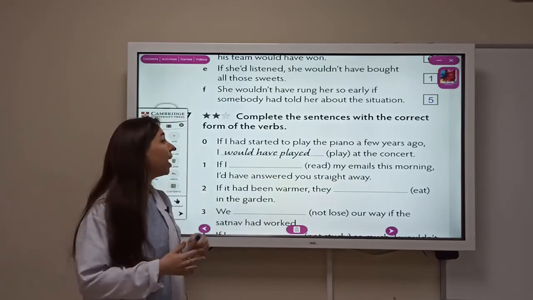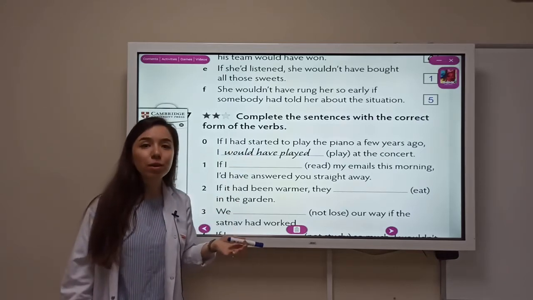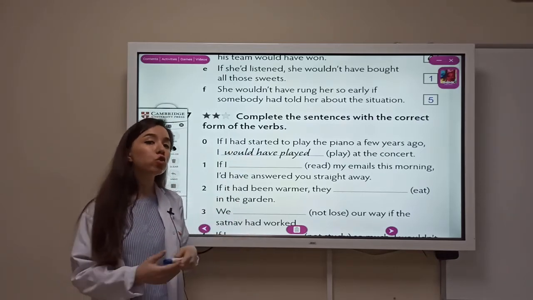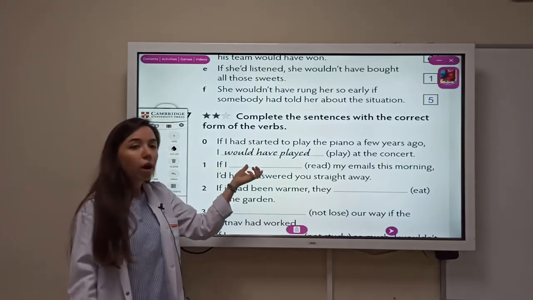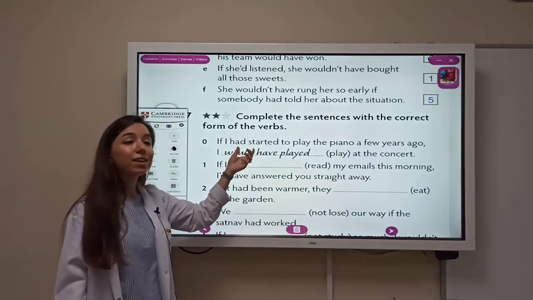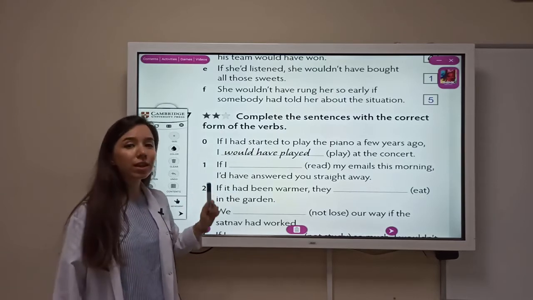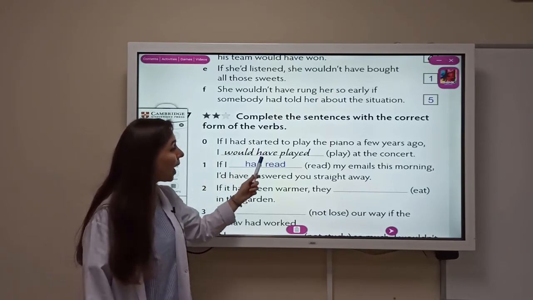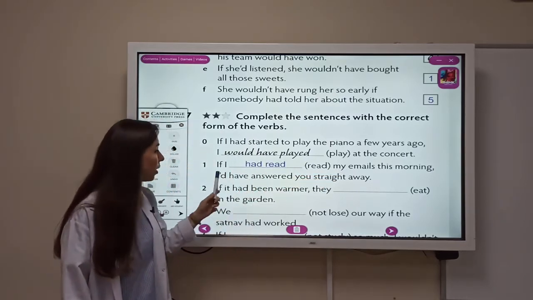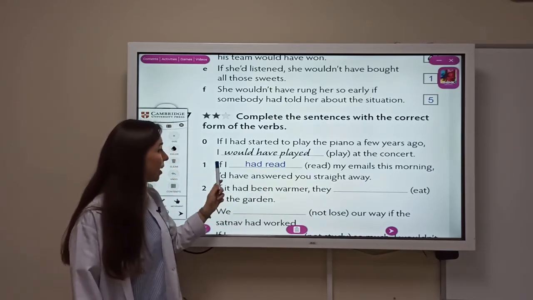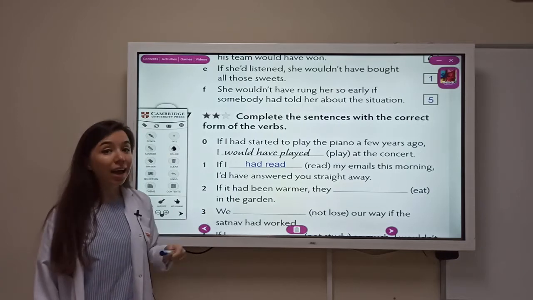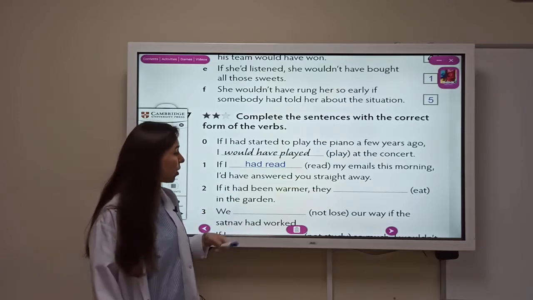In the past, I hadn't started to play the piano. I didn't know it. So the consequence, the result, is going to be imaginary. So I wouldn't have played. But we make it like this sentence. Again with the if clause. If I had read my emails this morning, I would have answered you straight away. If I had read, I would have answered you straight away.